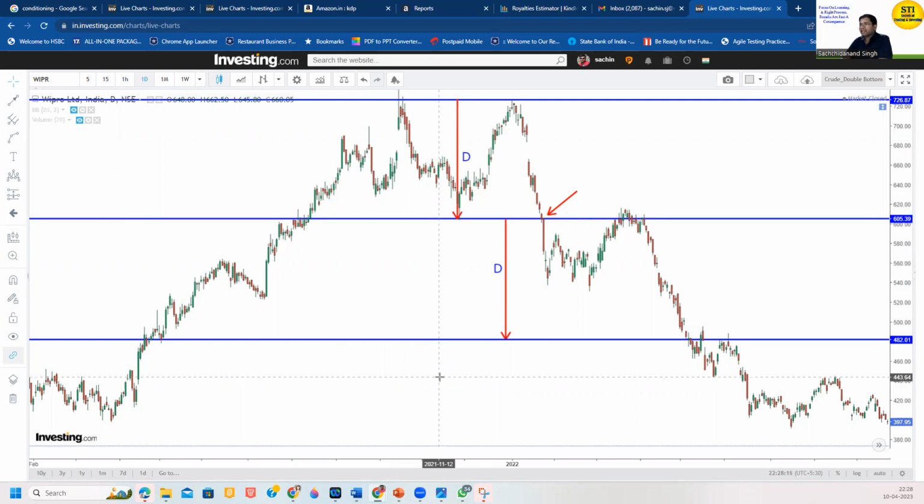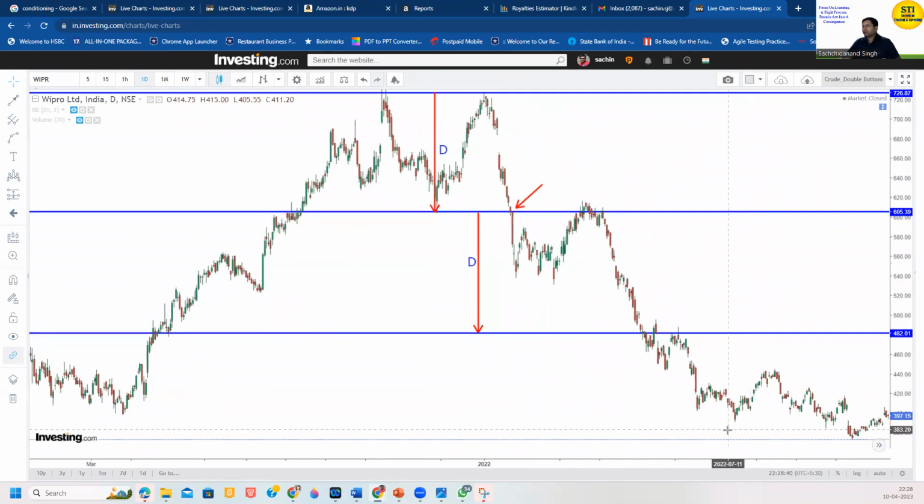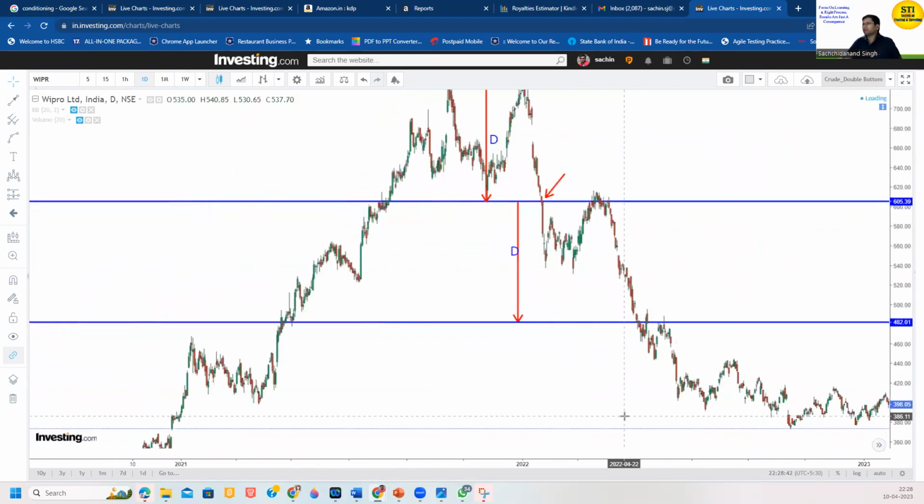On top of this same analysis, we are going to add a few more advanced technical analysis techniques that will give you the ultimate edge to identify potential tops and bottoms. When I say potential tops and bottoms, it means how you can enter at the top and then exit at the bottom. That means you are squeezing the maximum juice out of the particular stock.